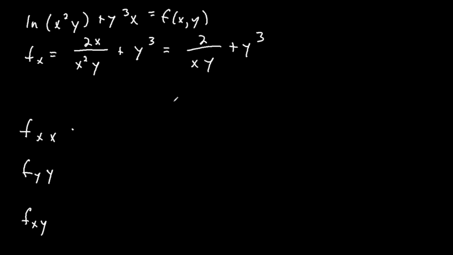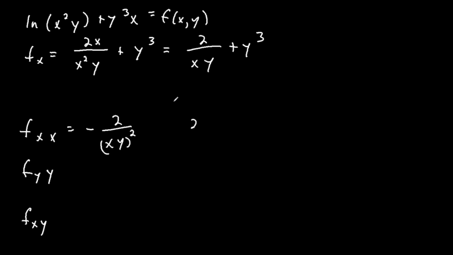What if we want to find the double derivative with respect to x both times? Well, we just derive this equation again. So we derive f of x with respect to x. How do you do that? Well, treating y as a constant, and we're using power rule here, and we get this.